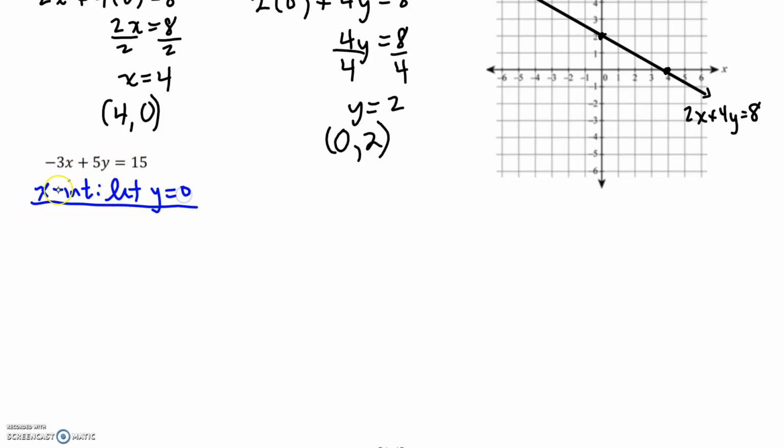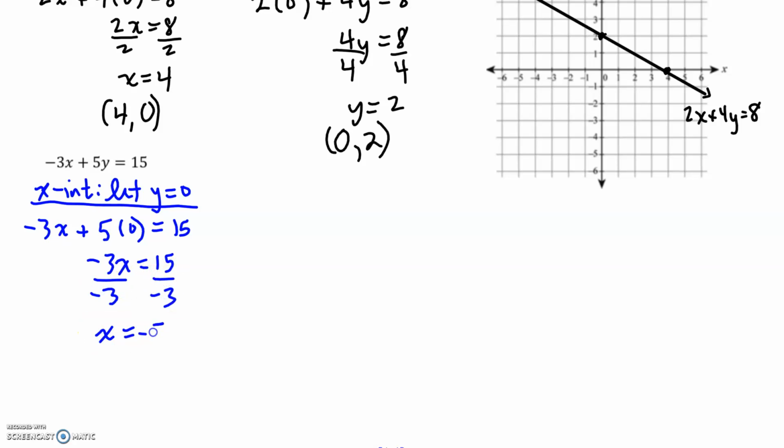So we'll sub 0 in where y is, so negative 3x plus 5 times 0 equals 15. 5 times 0 goes to 0, so I'm left with negative 3x equals 15. We'll divide both sides by negative 3. x equals negative 5. So the x is negative 5 and the y is 0.